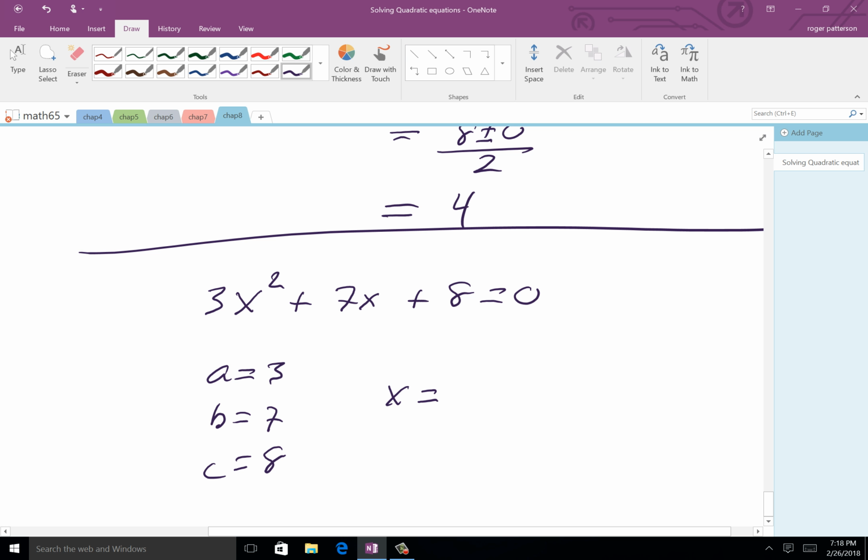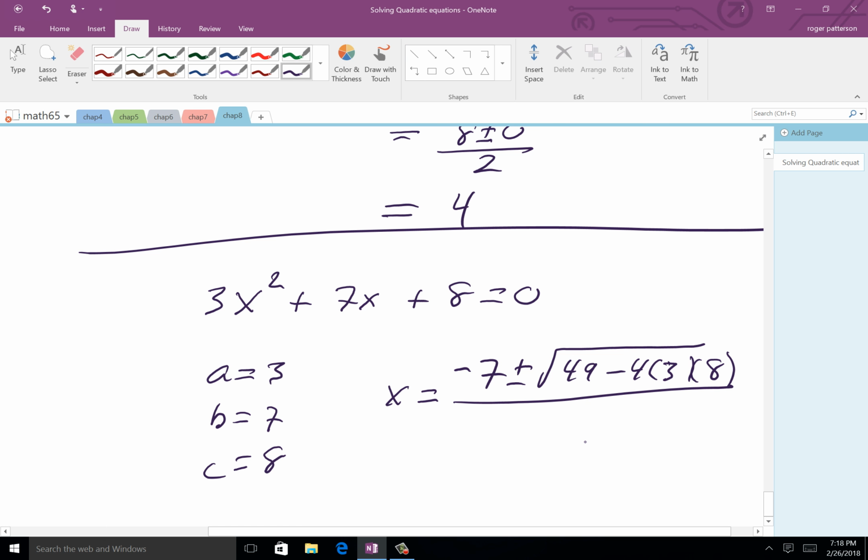Good. Negative 7 plus or minus square root 49. Good. Minus 4 times. What's going to go there? 3. And here? C. 8. Good. And what are we going to divide it by? 6. All right.